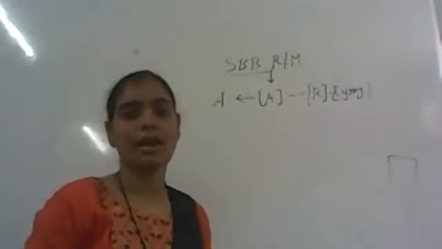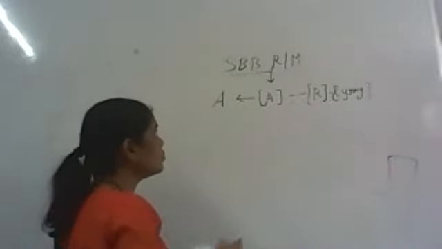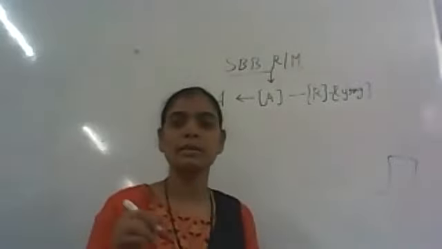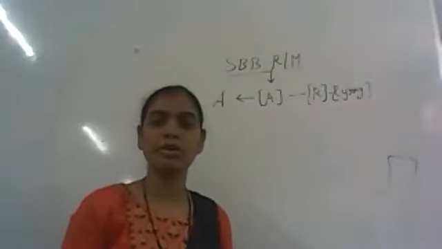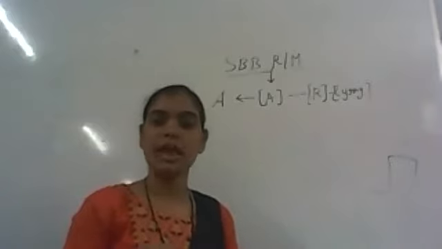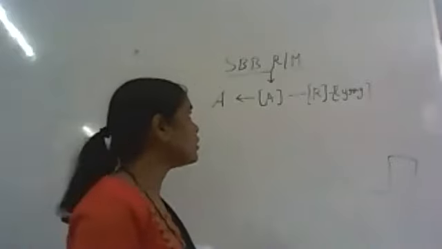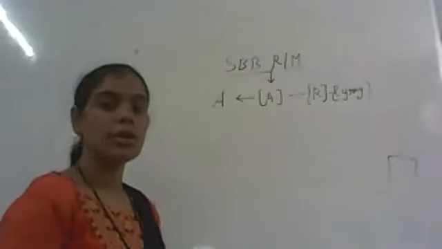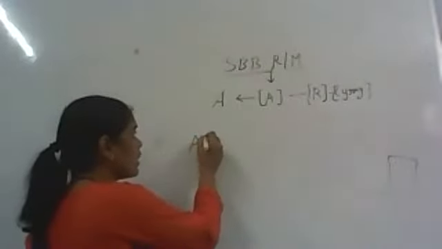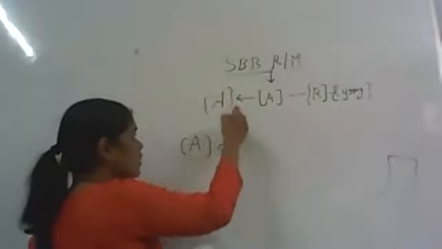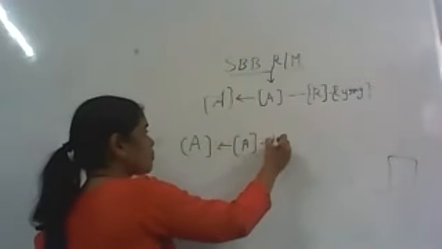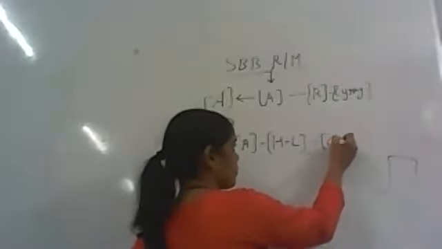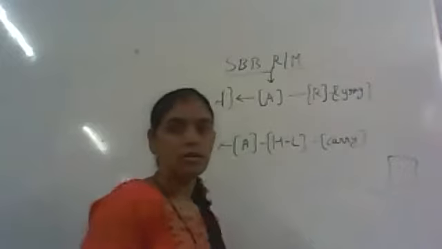When memory is used as the operand, this instruction subtracts the content of the location pointed to by HL, that is M, from the accumulator with the borrow considered. So the format is A minus M minus carry.